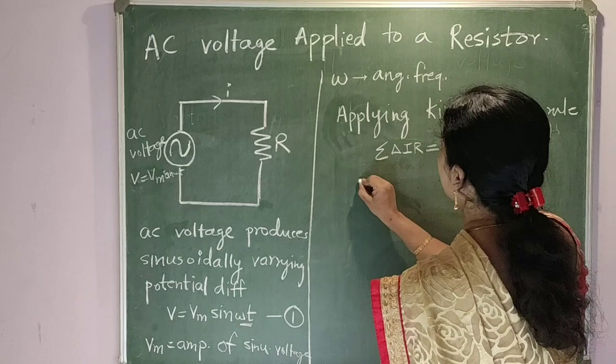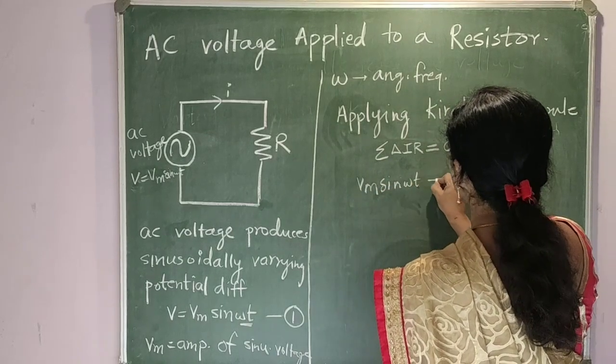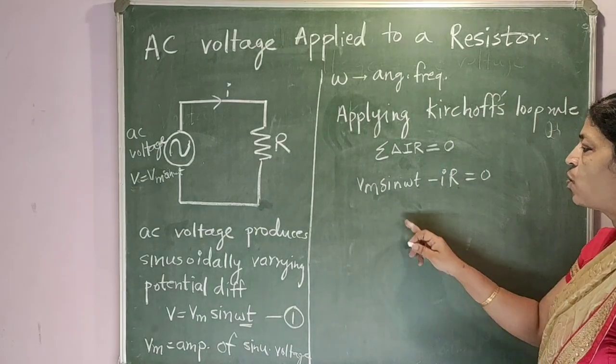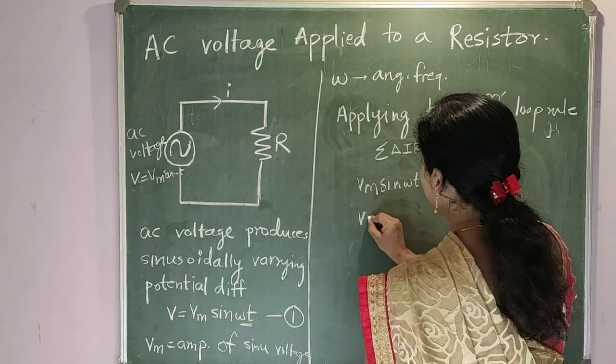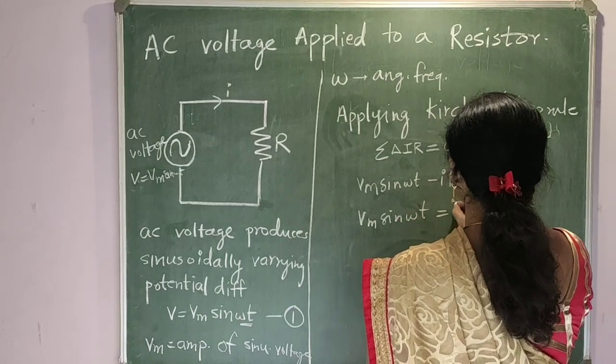So applying it, we have the voltage Vm sin omega t minus IR equal to 0. So Vm sin omega t equals IR.